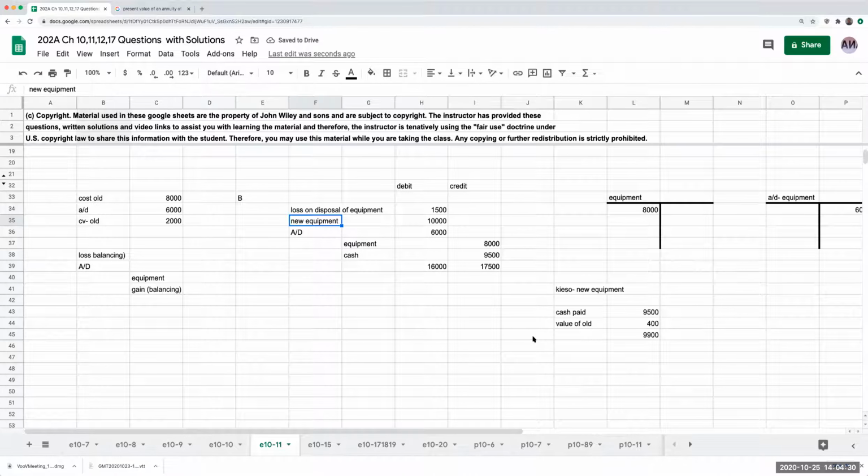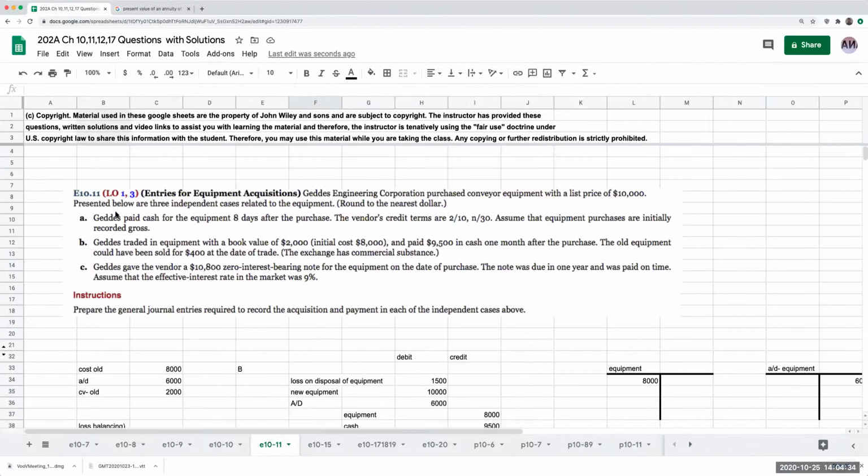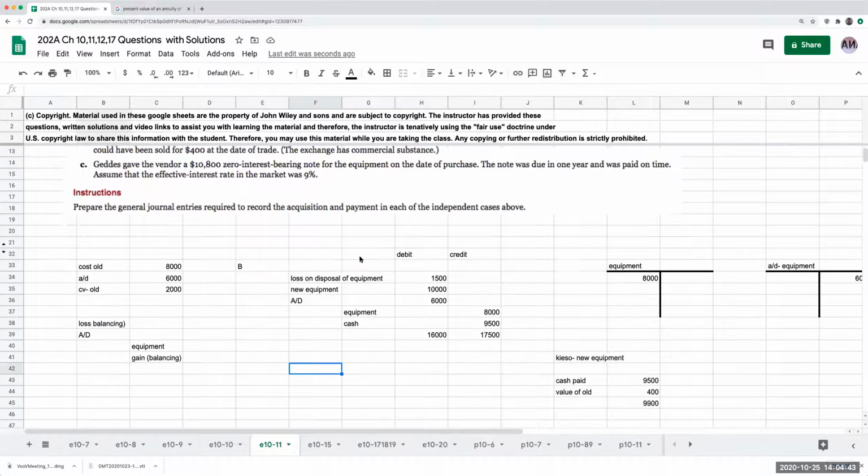So the way your book is going through this is that they're saying that because the old equipment could have been sold for $400 at the date of trade, the true value of this new equipment is really not going to be 10,000, but 9,900, or that 400 plus the 9,500.